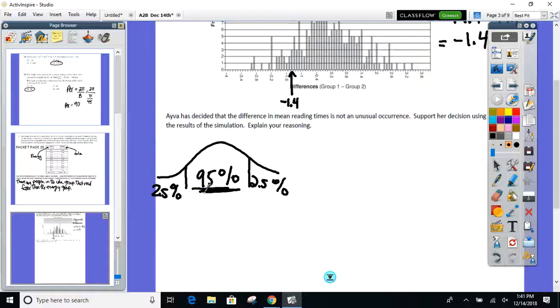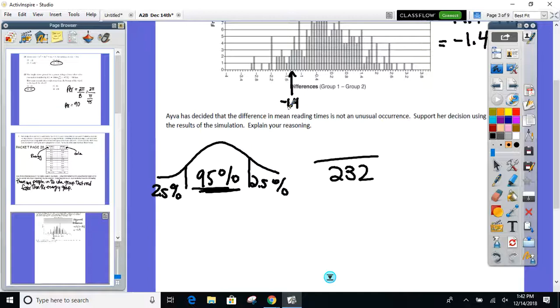How many scores are there here? You don't have to count them up, just read. How many scores did I simulate? 232. So out of those 232, here's where you're going to have to do a little work with your group. How many are at or below negative 1.4? So you're going to have to go over, look at the frequencies, how many times it occurs.